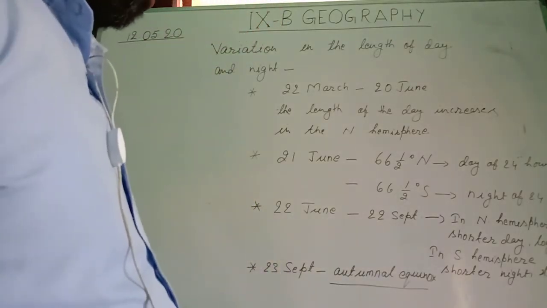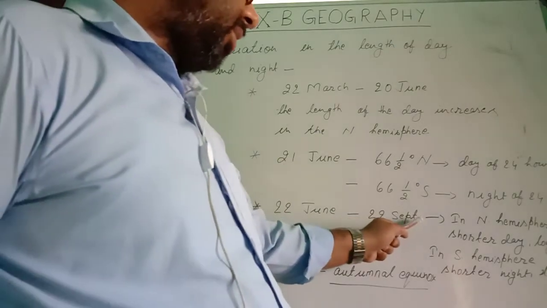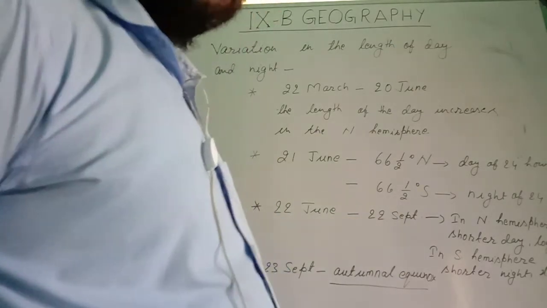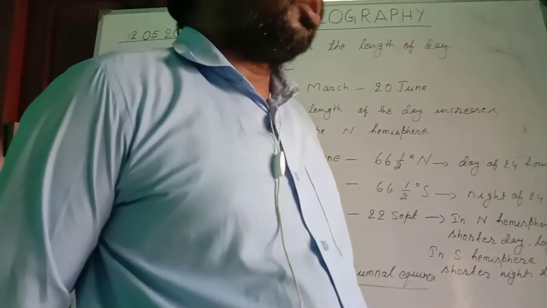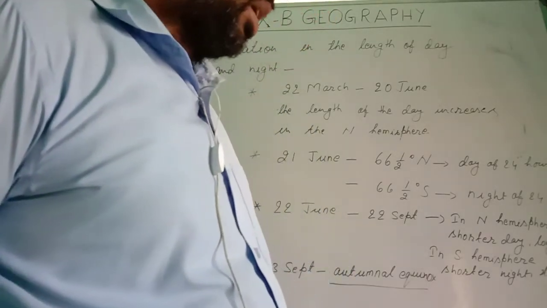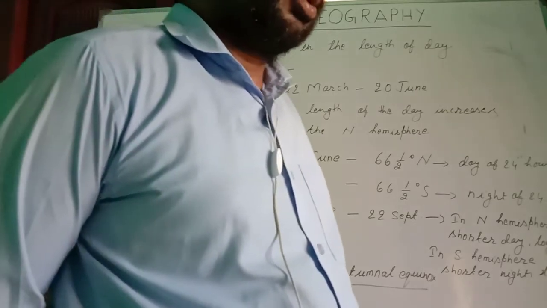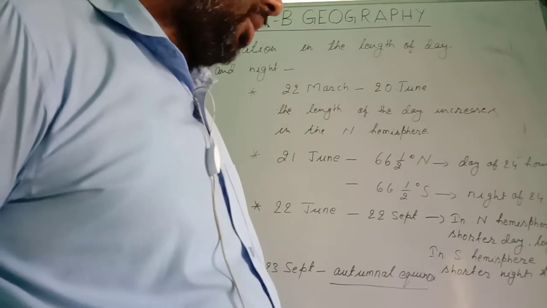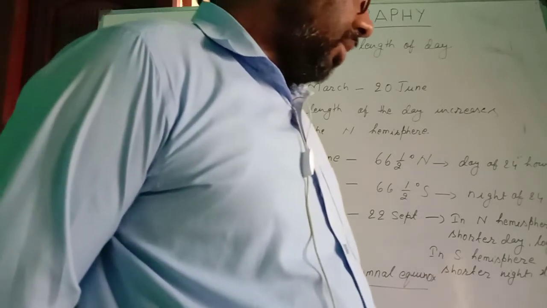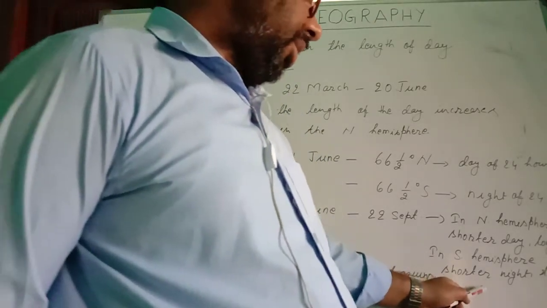Let us see what happens from 22nd June to 22nd September. In the northern hemisphere the day starts being shorter and the night starts being longer. But in the southern hemisphere the length of day starts being longer and the length of night starts being shorter.